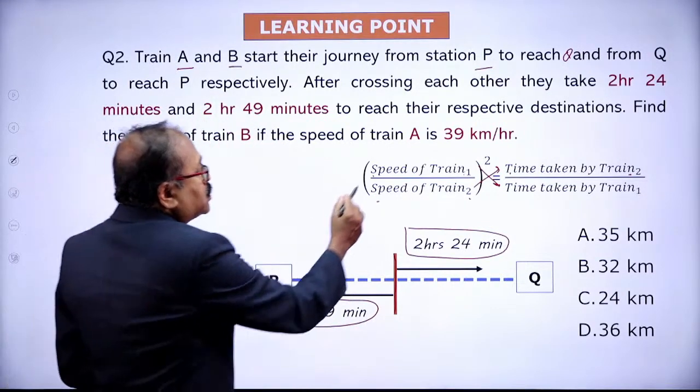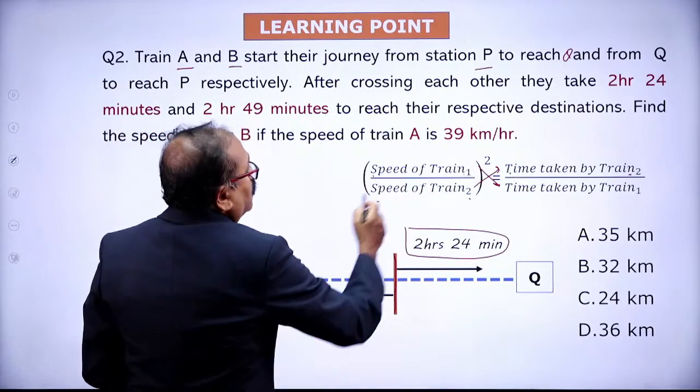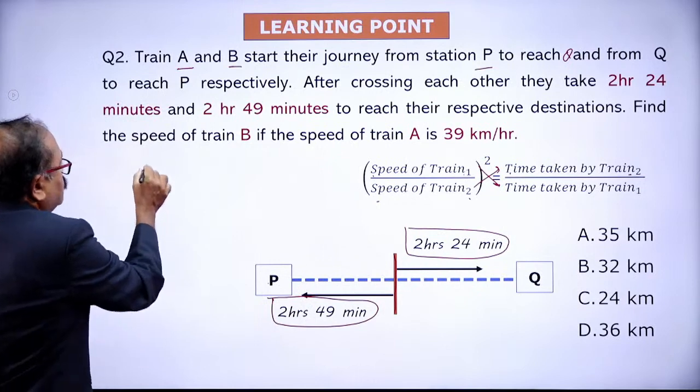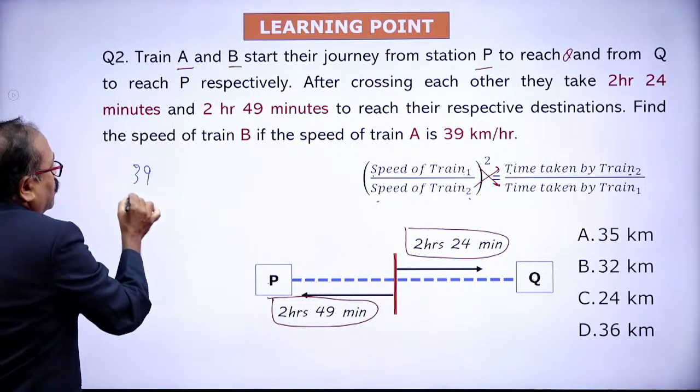So what is the speed of train 1? That is 39 km per hour.